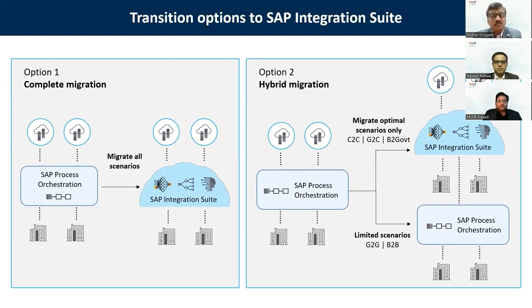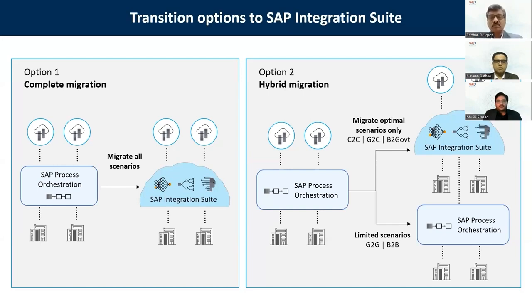By reusing the artifacts which exist in the current PO, and moving away from custom integration to standardized content maintained and delivered by SAP, option one is very much suitable. There are assessment and migration tools that SAP is coming up with, which play a major role in providing the migration flexibility.